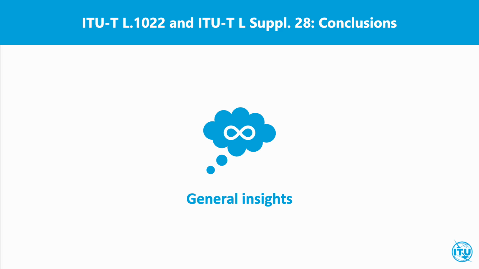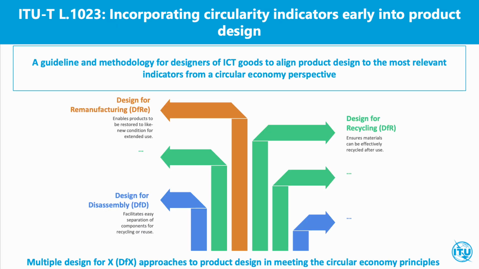It is likely that future standardization of circular economy will involve both generic and ICT-specific activities. For generic activities, cooperation between different SDOs is an option. ITU-T L.1023 builds on the growing recognition that achieving a circular economy requires action from the very beginning, at the design stage of ICT products.